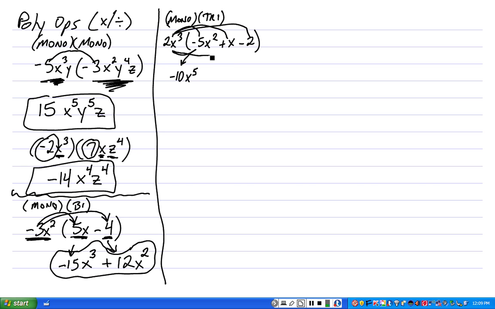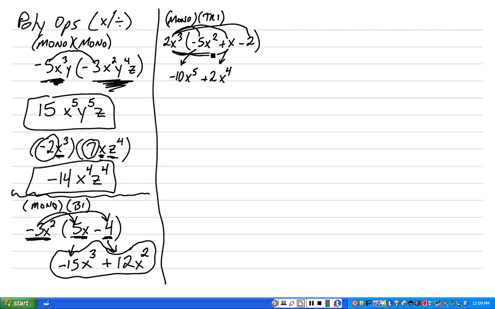So now we're going to say 2x to the third times this positive x, the next term. Well, the only coefficient is the 2 times this 1, so that's giving me a positive 2. The variable between these two is x, and I have 3 here and 1 here, so 3 and 1 makes this x to the fourth.